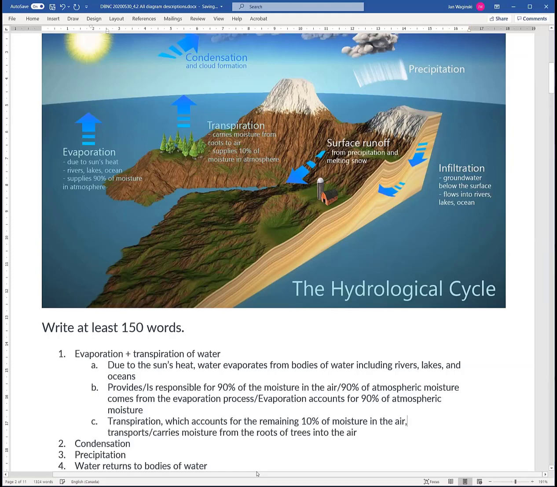For the previous one, can we say evaporation accounts for 90% of moisturizing atmosphere, sorry? I missed one word. Moisturizing of atmosphere. I'm not sure what word you're saying. Moisturizing, how do you spell that?